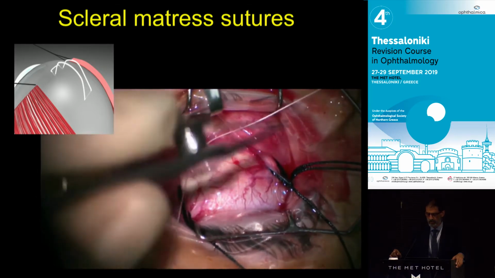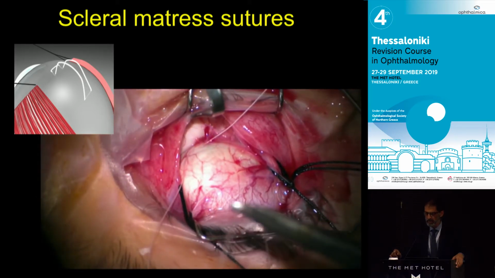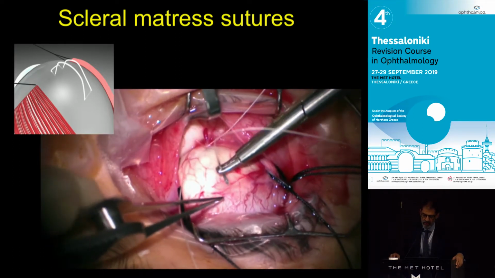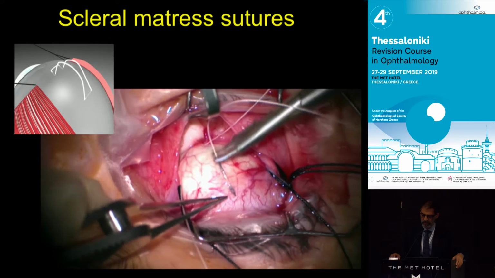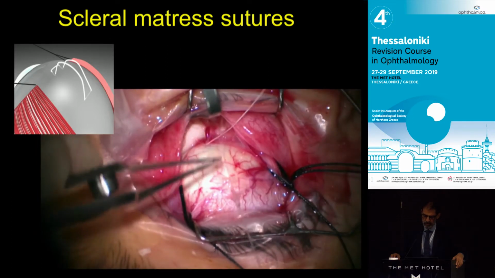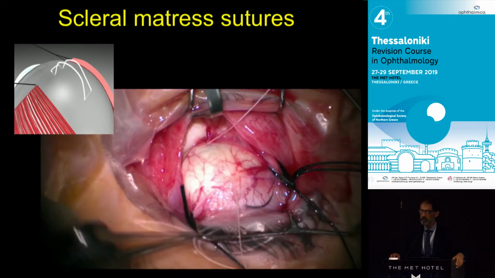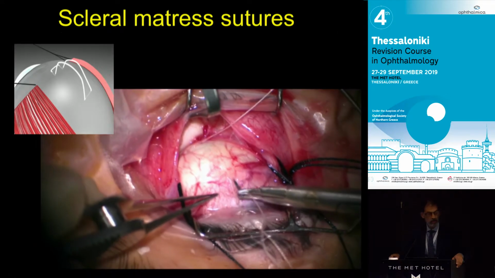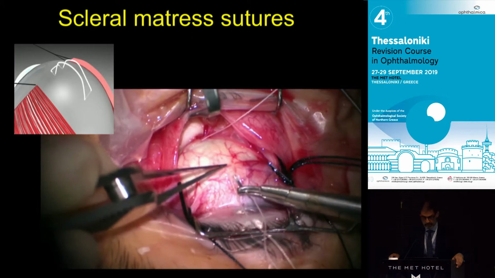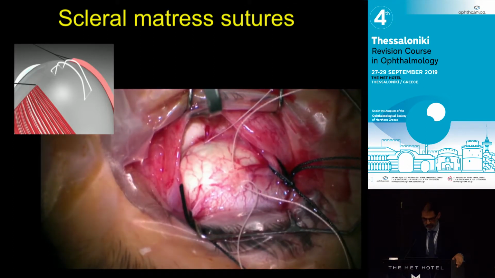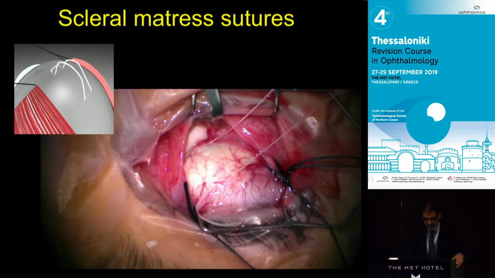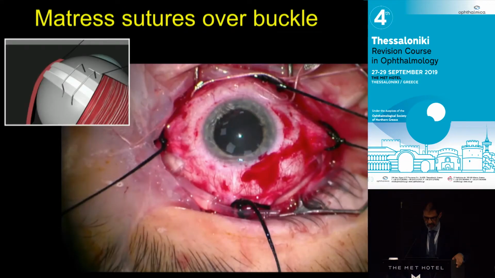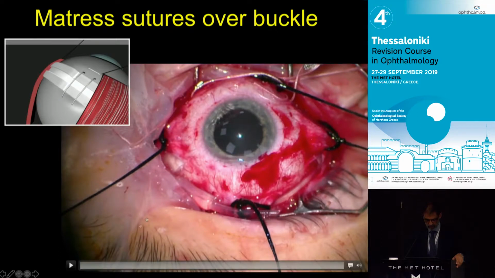And a mattress suture, of course, posteriorly goes circumferentially, and anteriorly goes radially, and that's to do with the disposition of the fibers. We put this in place here, and I usually place the sutures and then thread the buckle. This is just standard. Let's move along. This is just a standard buckling position here, and there you go. That's your mattress suture. And then I'm going to show you tying up the buckle.